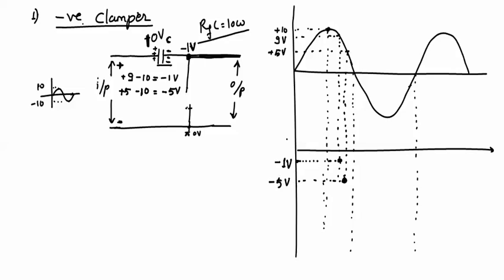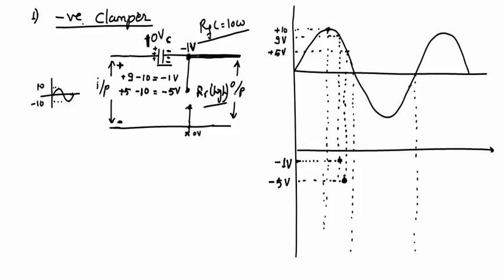Now the question comes, can this capacitor discharge? As we can see, there is no closed path, because here we can see this open circuit. For open circuit, the reverse resistance of the diode is very high.